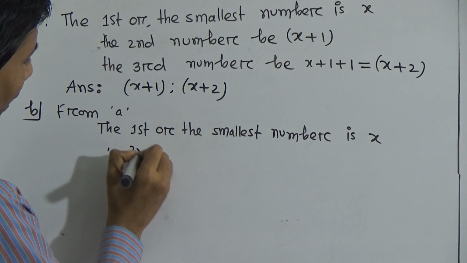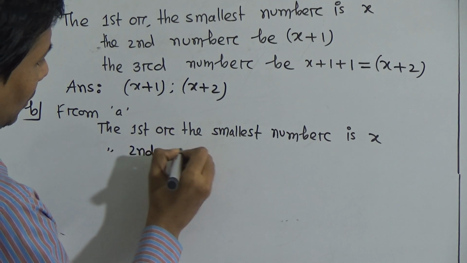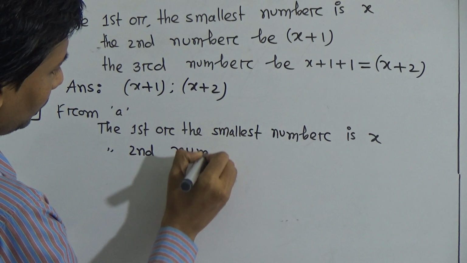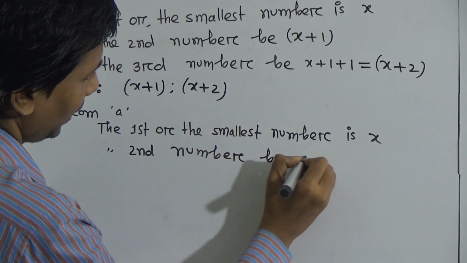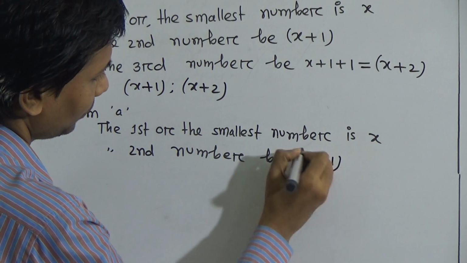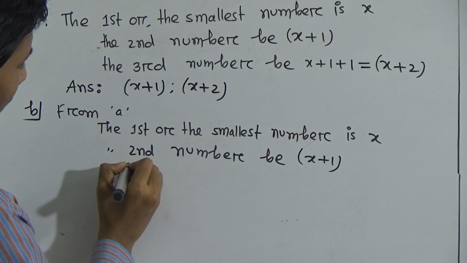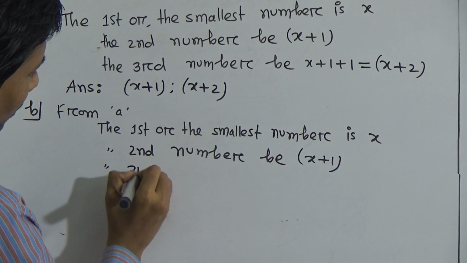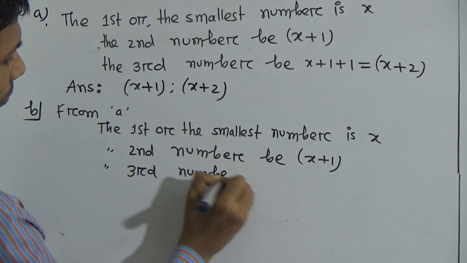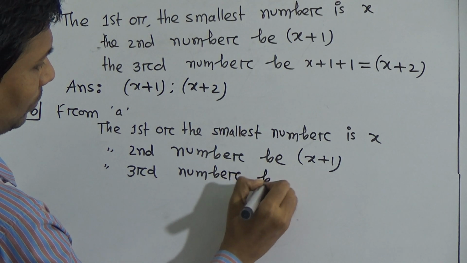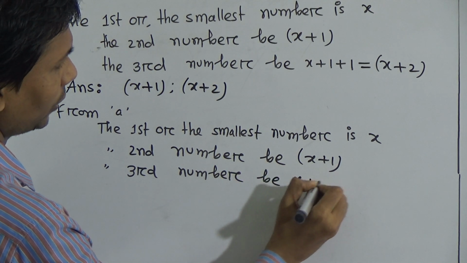The second number is x plus 1 and the third number is x plus 2.